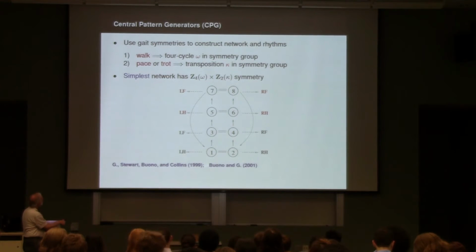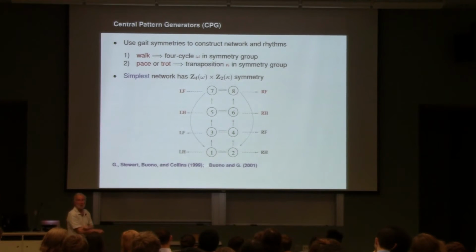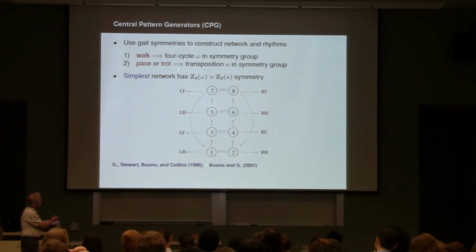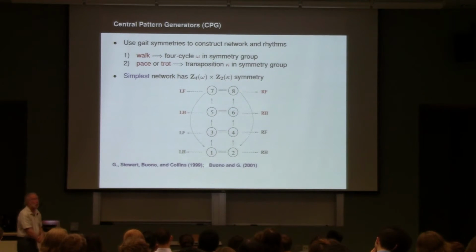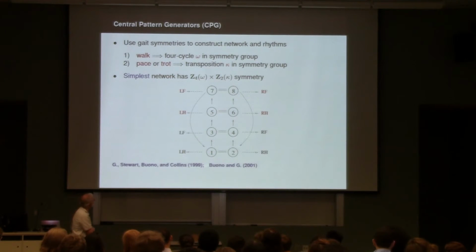So Z4, and that 4-fold symmetry is the action: 1 goes to 3 to 5 to 7 back to 1, 2 to 4 to 6 to 8 back to 2. So those are the permutations that correspond to the walk symmetry. The pace and trot are going to have at least the bilateral symmetry of four-legged animals. And the bilateral symmetry is just swap left and right. So this is the simplest network, which has Z4 cross Z2 symmetry also, but it does produce walk, trot, and pace.